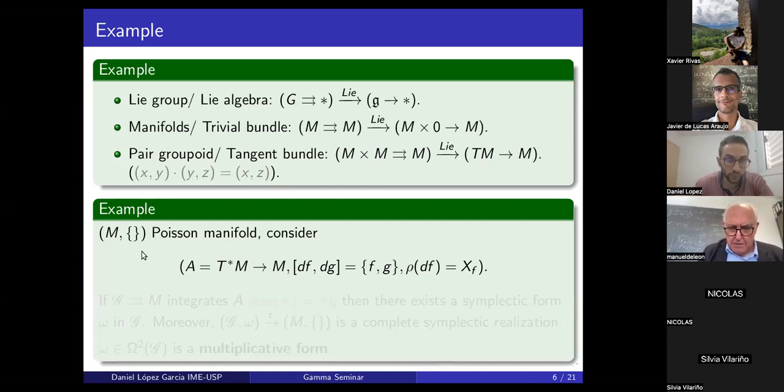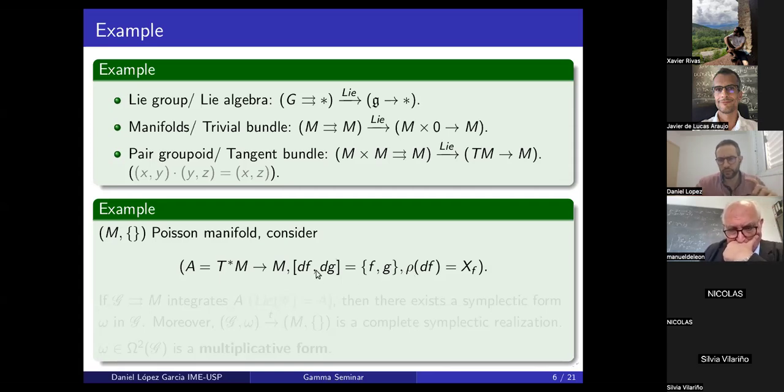Let me consider a Poisson manifold M with this bracket. So I can define this Lie algebroid as a vector bundle. I'm going to consider the cotangent bundle. I can define the bracket and the anchor map on exact differential forms.